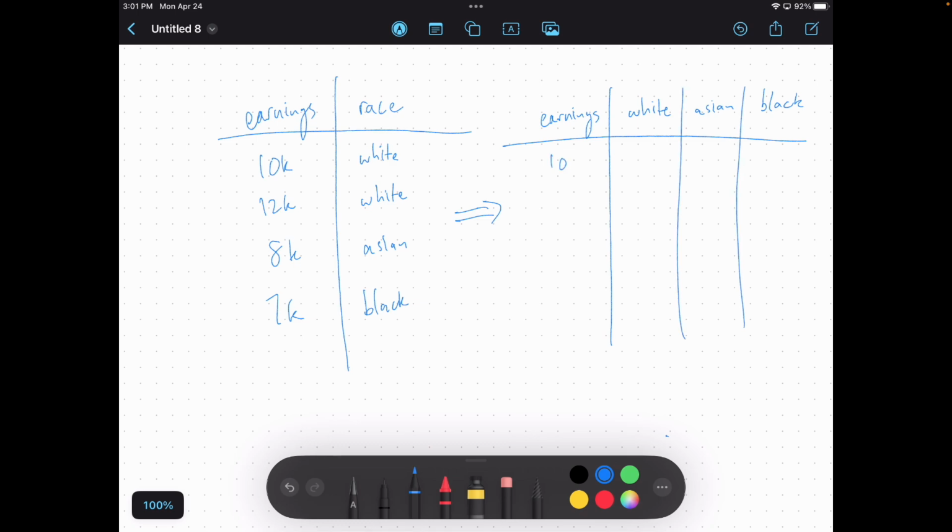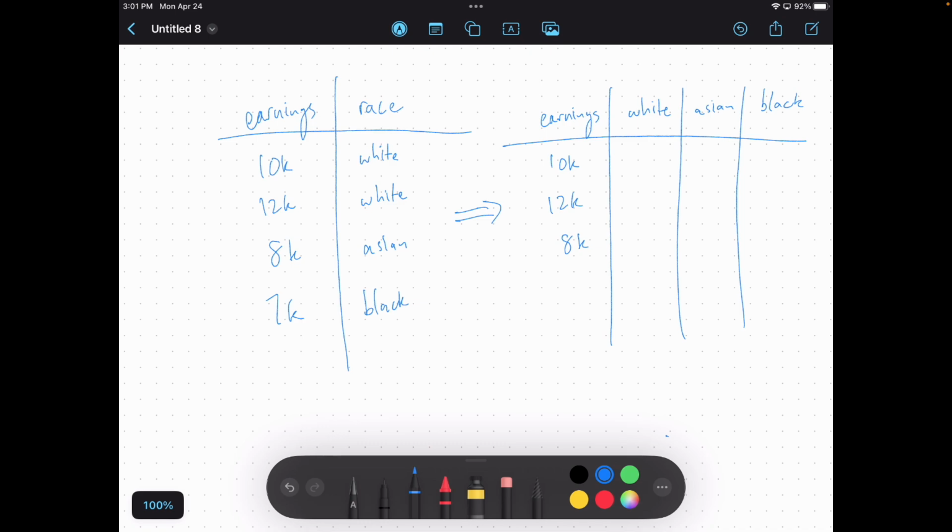Is this like going from long to wide data? Kind of, actually. That's how I thought about it. It's not a direct translation in the way that we would think, because you're supposed to preserve some set of values.